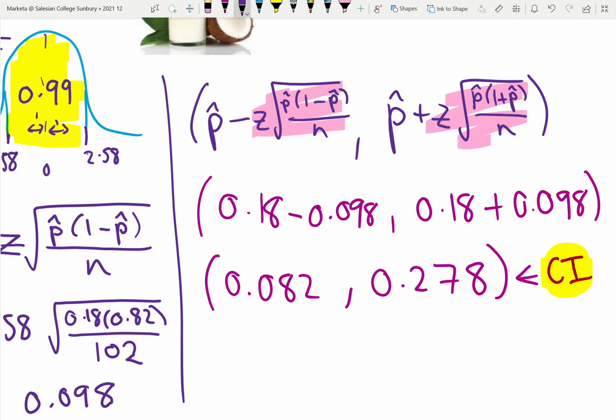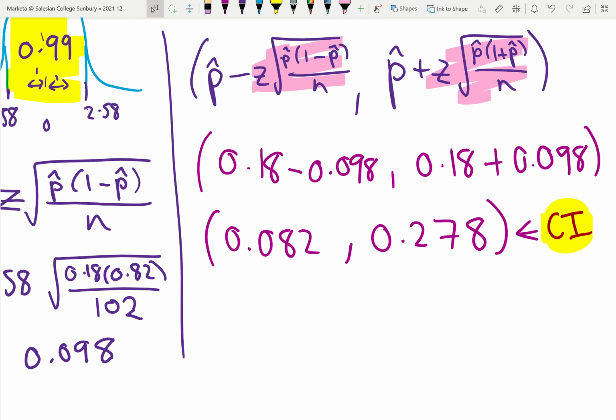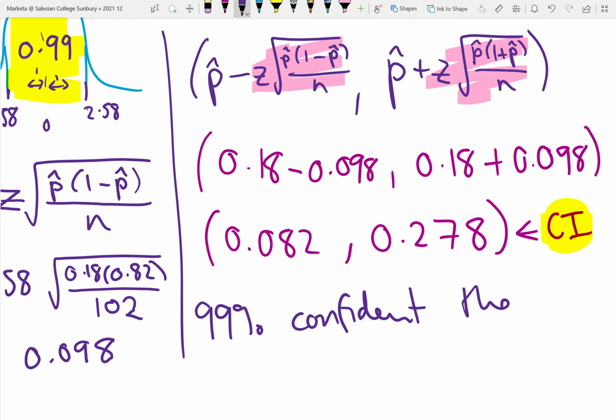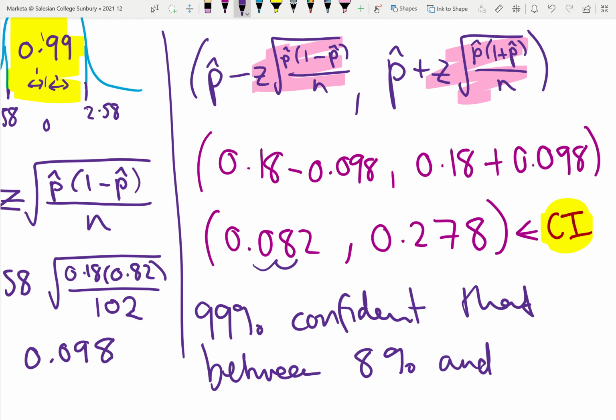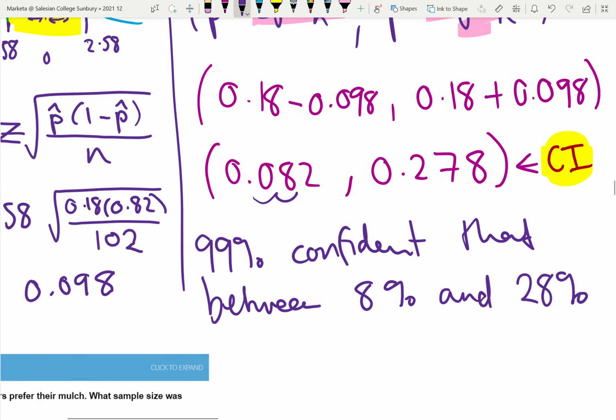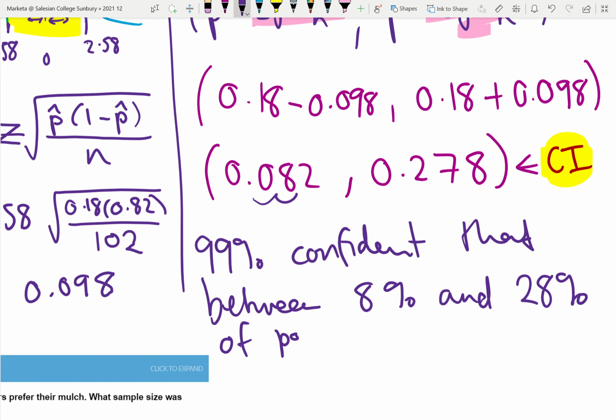If it asks you for a confidence interval, that's the confidence interval. You don't have to do anything fancy. The interpretation of the confidence interval is: we can be 99% confident that between, and let's times by 100, 8% and 28% of the population likes drinking coconut milk.